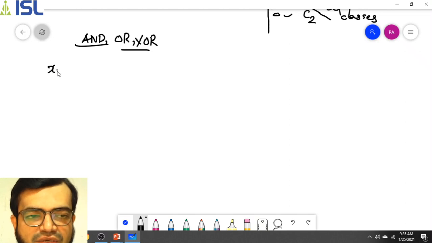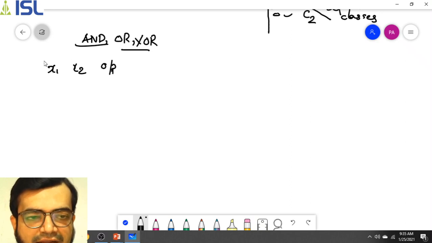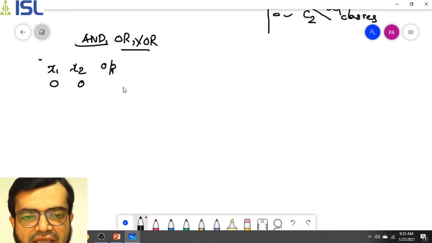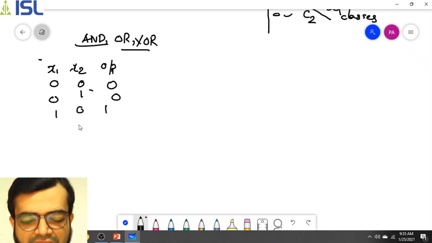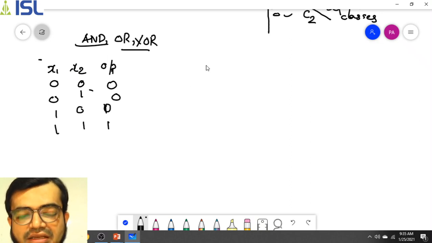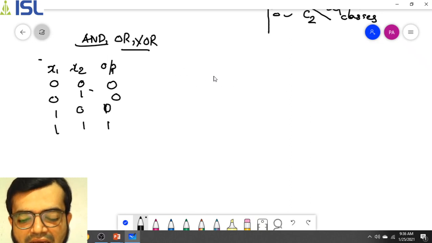Let's take x1 and x2, and I perform x1 AND x2, which is my output. For 0 0 it will give you 0, for 0 1 it will give you 0, for 1 0 it is 0, and for 1 1 it is 1. So this is the AND operation which I am performing now. Now I want to see whether, if I perform the AND operation, it will be linearly separable or not.